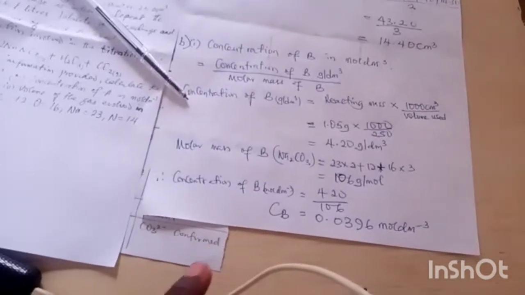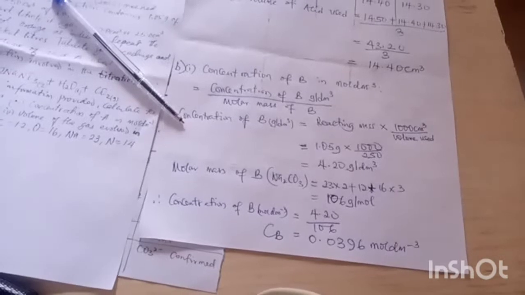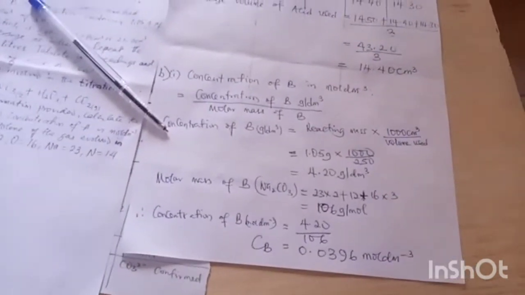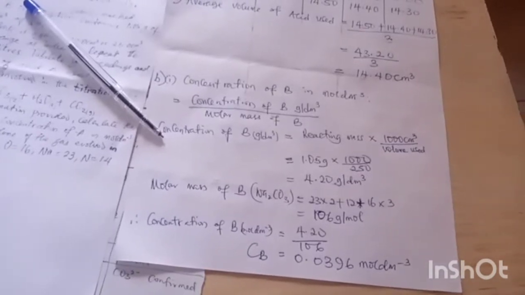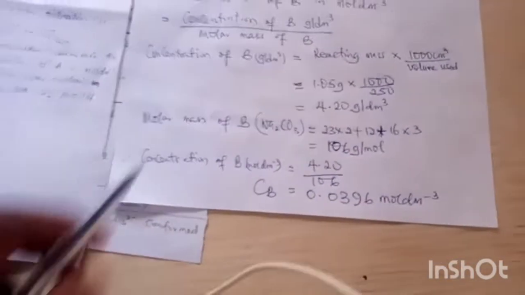Therefore, the concentration of B in mol/dm³ will be 4.20 over 106, which gives us 0.0396 mol/dm³. So that will be our CB, or concentration of B in mol/dm³.